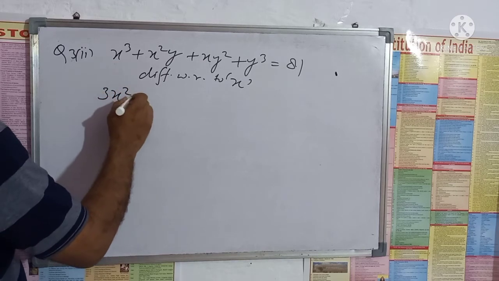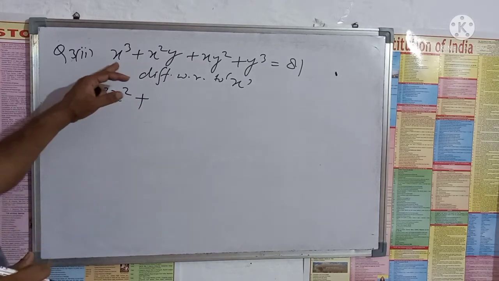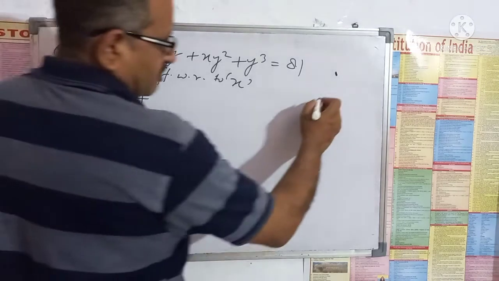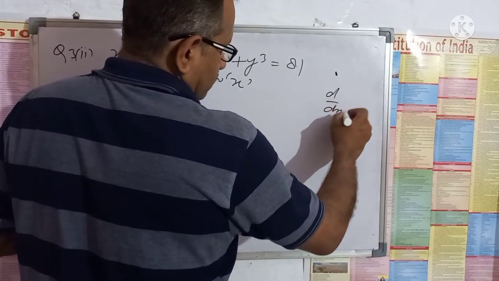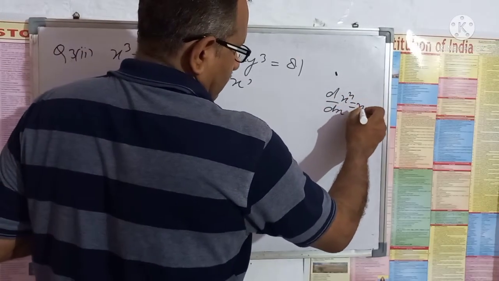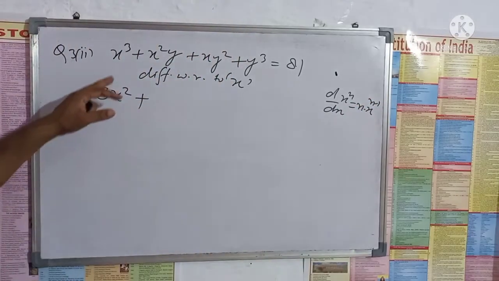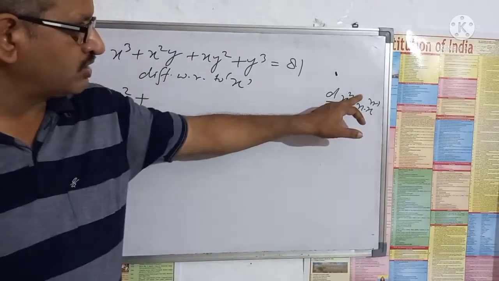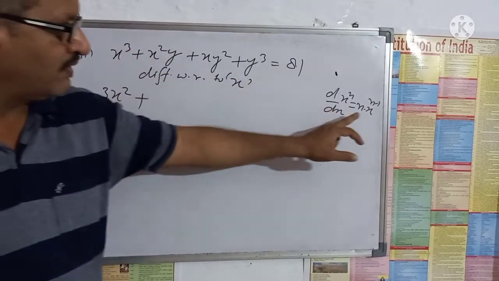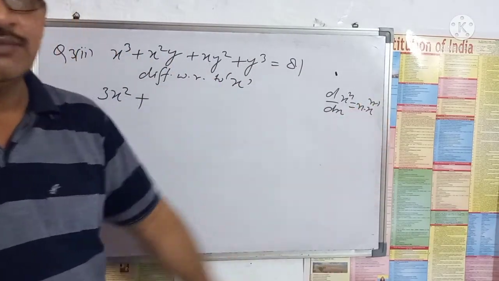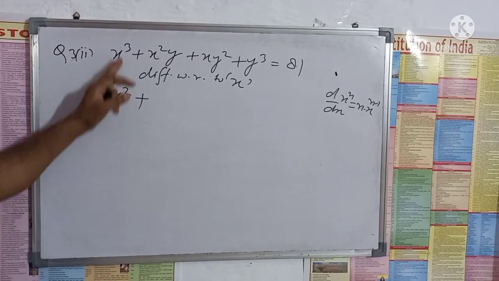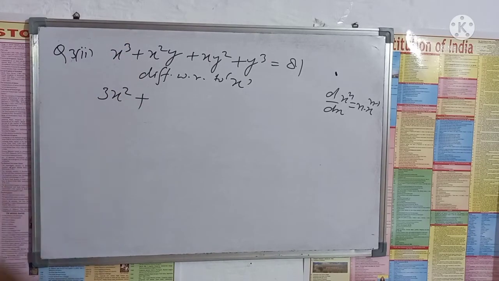It is 3x square. How? d by dx of x to the power n is n into x to the power n minus 1. Here x to the power 3 is there, in place of n, 3 is there. So we write 3 into x to the power 3 minus 1, which means 3x square.